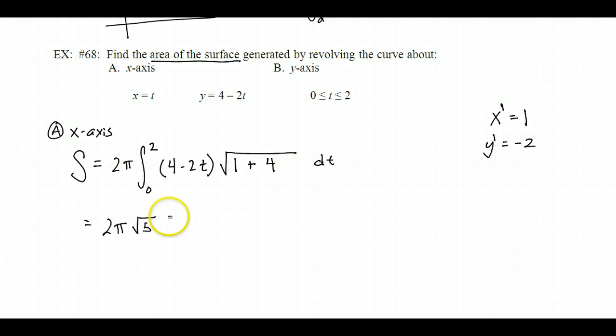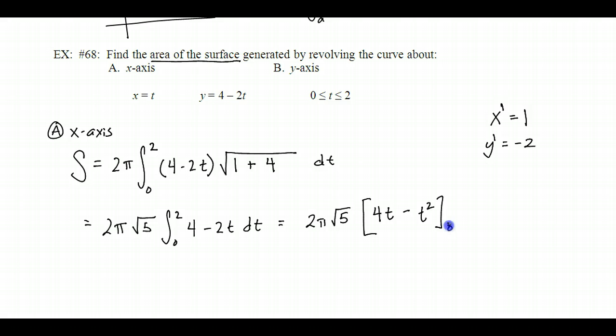This is all a constant. Integrate from 0 to 2, 4 minus 2t, differential t, and then we can easily integrate. So we have 2 pi square root of 5, antiderivative would be 4t minus 2t squared divided by 2, so t squared. And again, this is 0 to 2, that's our parameter.